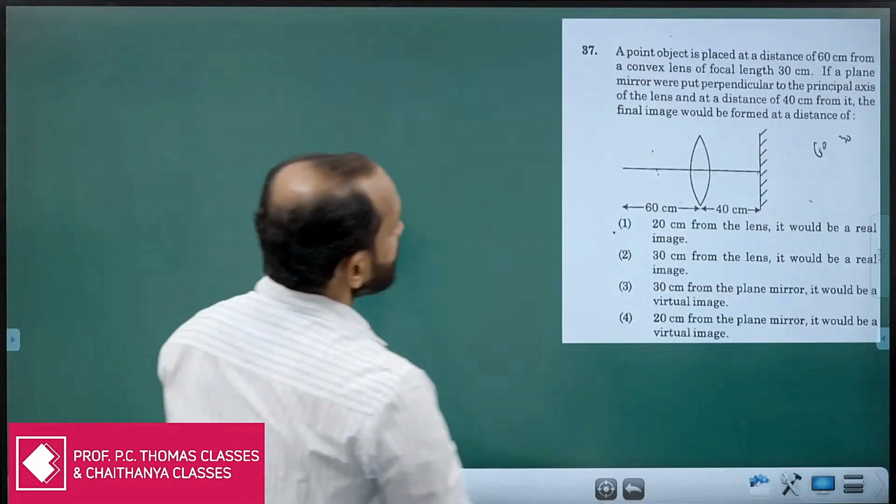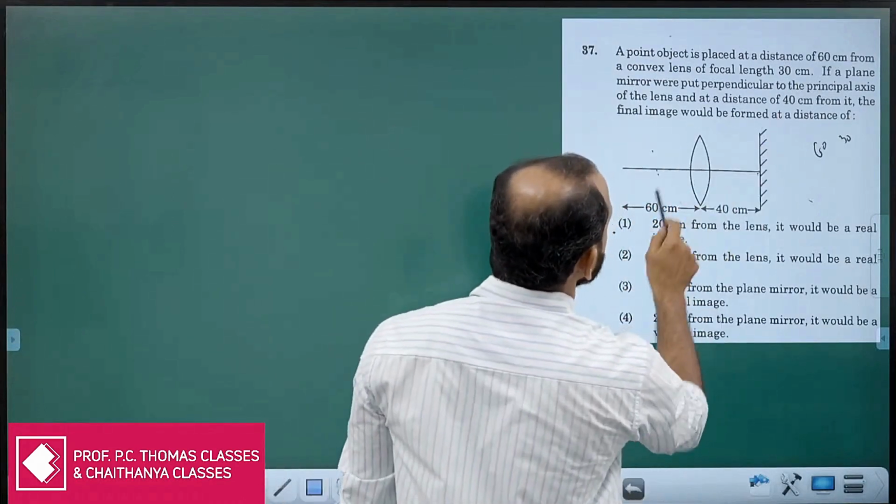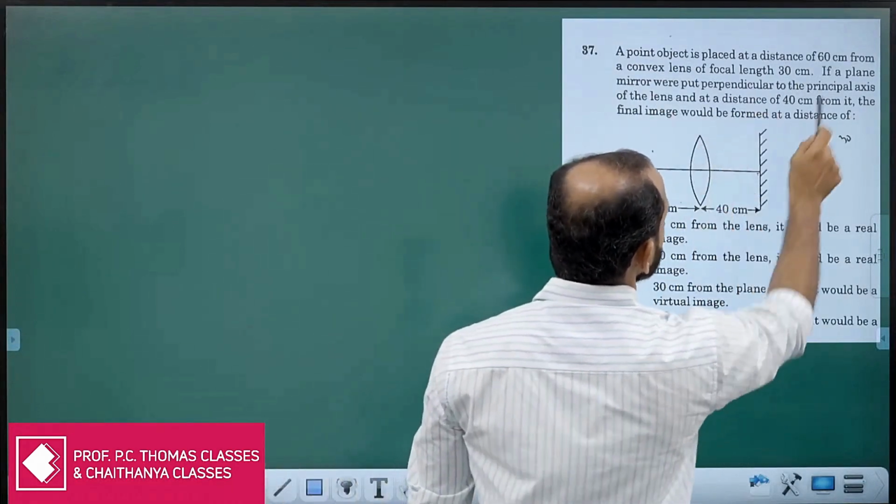Next, 37th one. One object is placed at a distance of 60 centimeter from a convex lens of focal length 30 centimeter.